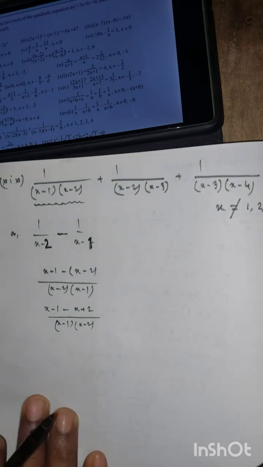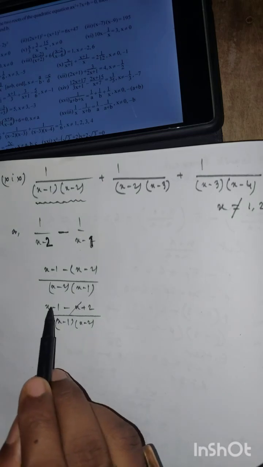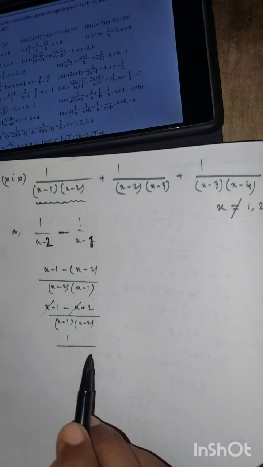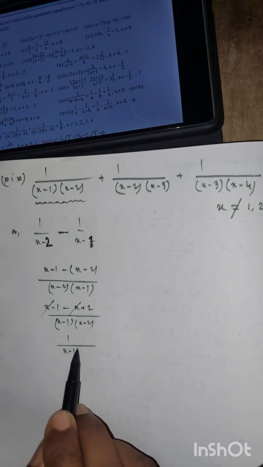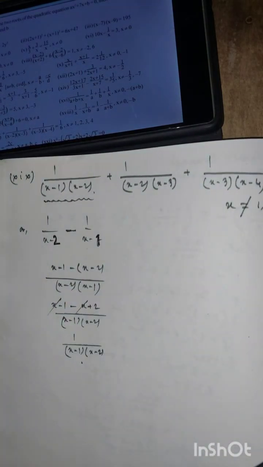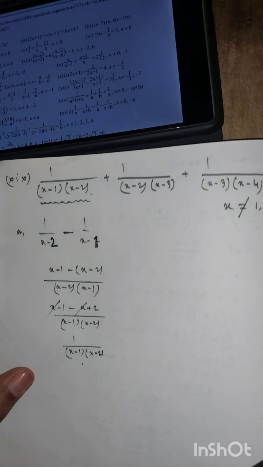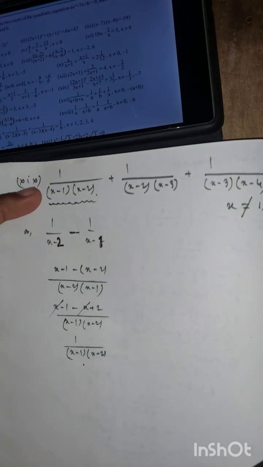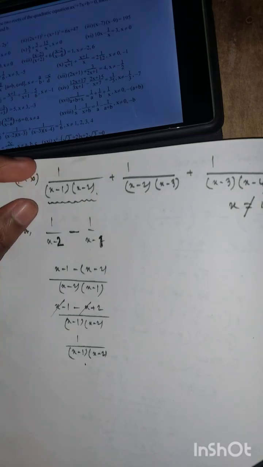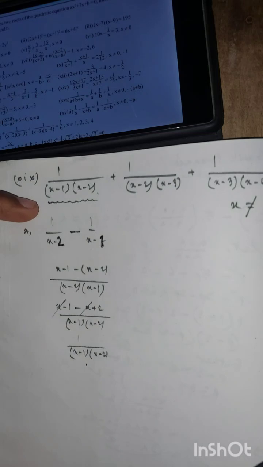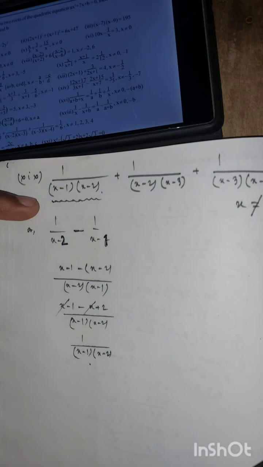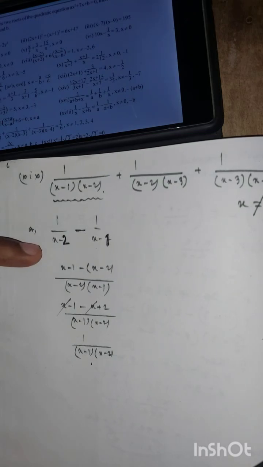So x and x get cancelled and this becomes 1 by x minus 1 into x minus 2. So this thing and this thing are same, so we can write this part as this. We can write this term 1 by x minus 1 into x minus 2 like this.